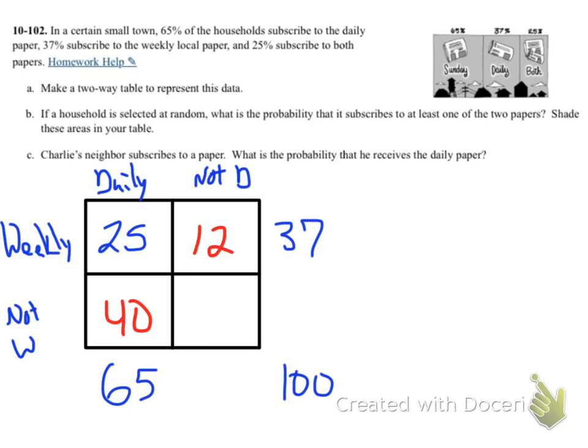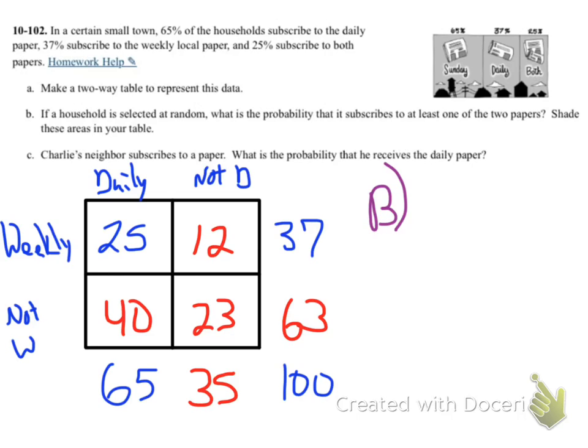I also know that 25 plus 12 will give me 37. 65 plus 35 will give me 100. 37 plus 63 will also give me the 100. And we have many ways of getting the last box, which represents people that get neither of them, and that is 23. Once I have this information, I now can go ahead and start answering problem B.